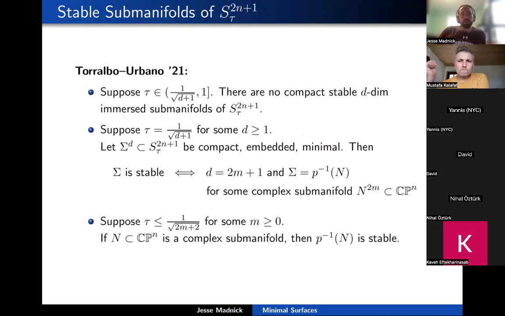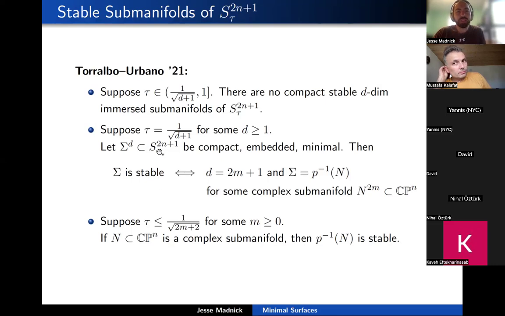So again, when tau is 1, we're dealing with the standard round (2n+1)-sphere, in which case, by Simons's theorem, there are no stable minimal submanifolds. But you might wonder if as tau shrinks, as you squash, maybe stable submanifolds will suddenly appear. And in fact, that is exactly what happens, where the dimension of the minimal submanifolds that appear depends on the squashing factor.